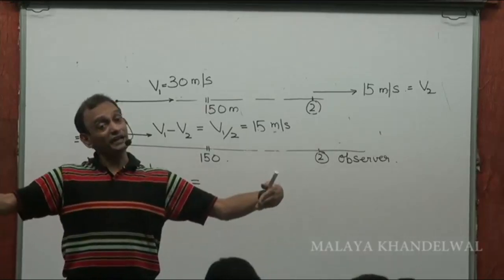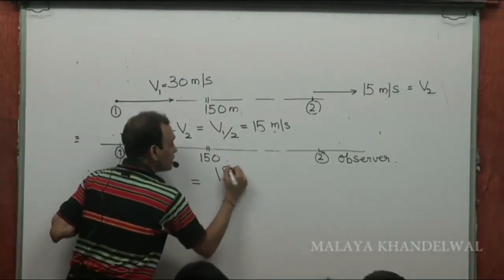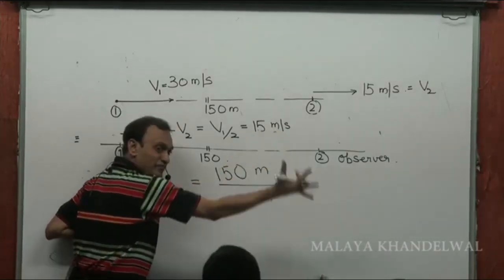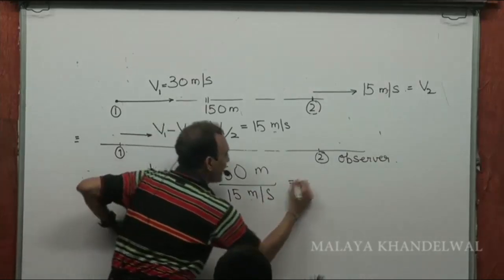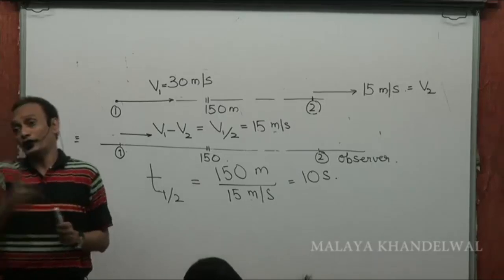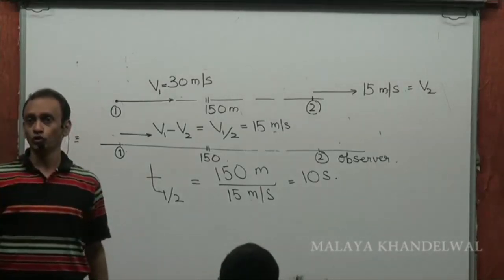So what's the change in relative separation? 150. And what's the rate at which relative separation changes? 15 meters every second. So how many seconds does it take? 10 seconds it takes for the relative separation to decrease to 0. That means for 1 to catch up on 2. How about it?